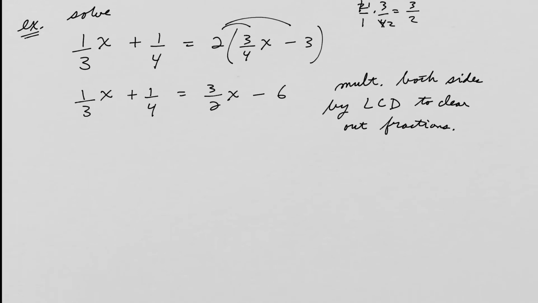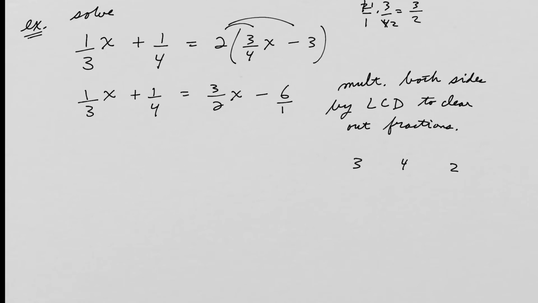Okay, so if you look at all the denominators here, you can think of 6 as being 6 over 1. I have a 3, I have a 4, I have a 2. Now, the 3 is already a prime number, so I can't factor it any further. The 4, if we do a little tree on it, can factor into 2 times 2, and the 2 is already prime, so that stays a 2.